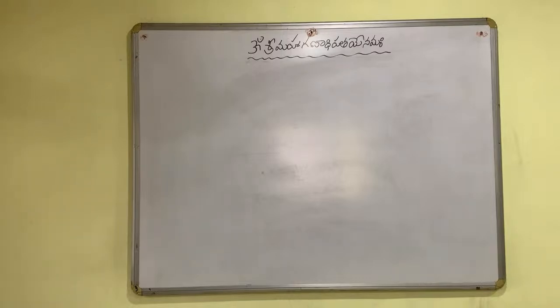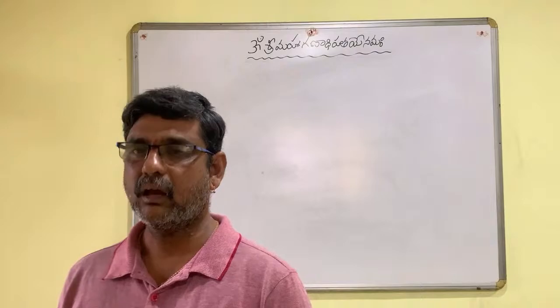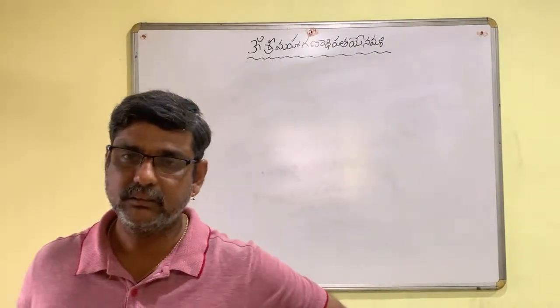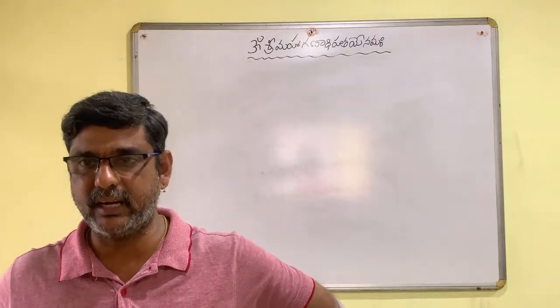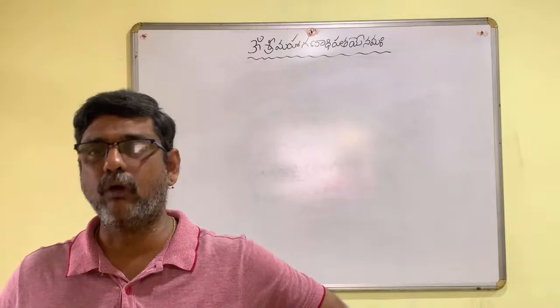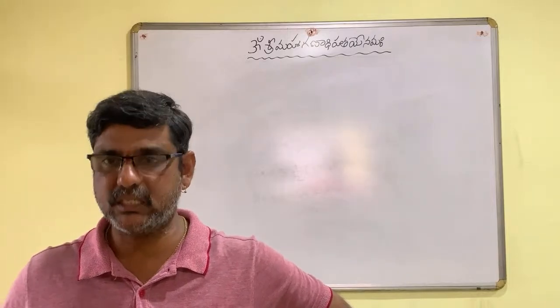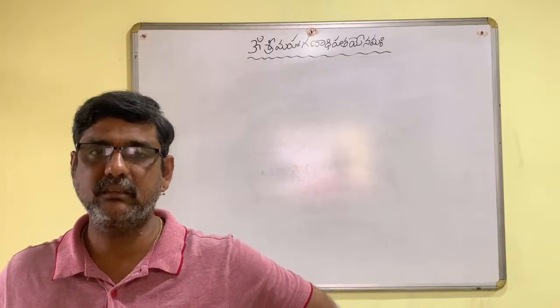I will tell you one situation. I have a lemon in my hand. And I cut that lemon into 2 equal parts. Now I got 2 parts of the lemon in my hand.